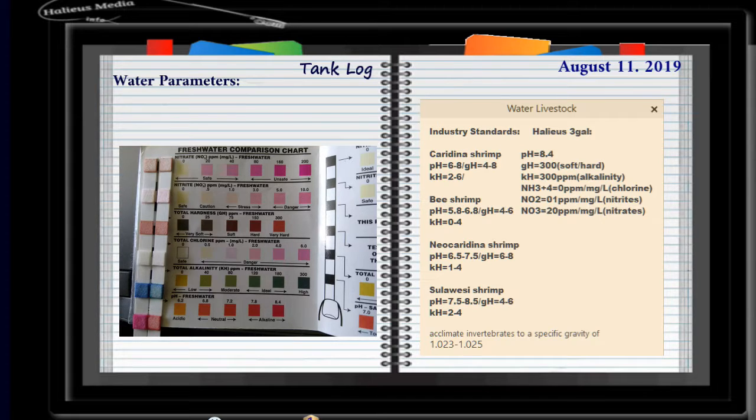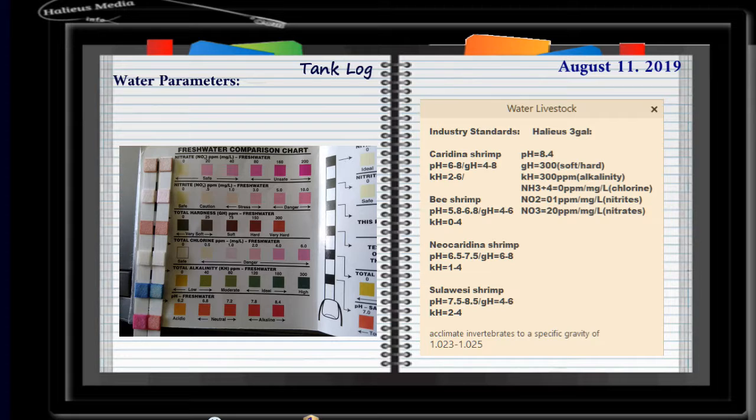My pH is 8.4, which is way too alkaline for all of these shrimp except one, maybe. My GH is 300, and that measures softness to hardness. My KH is 300 parts per million, and that measures alkalinity.